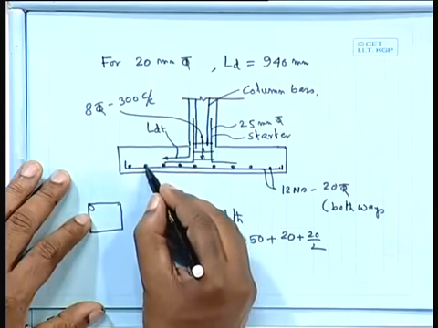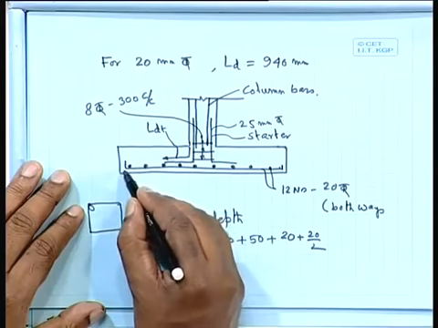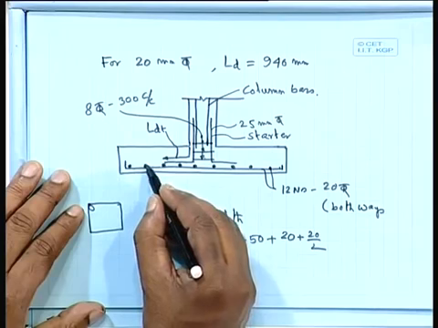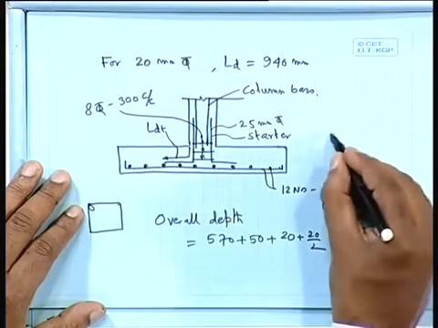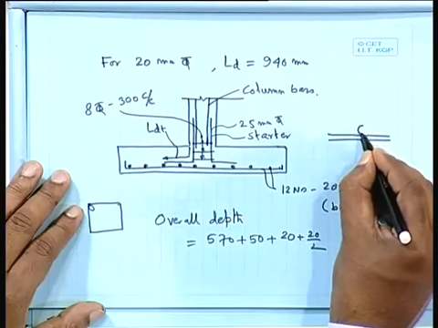We are taking this because the other way also you have to provide. One way you are getting 570, but we should not stop here, because if this is one side bar, the other side we have this one.